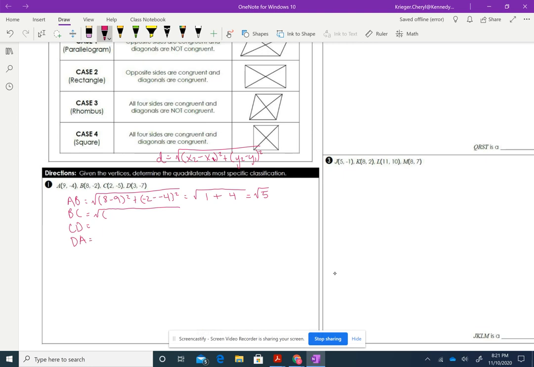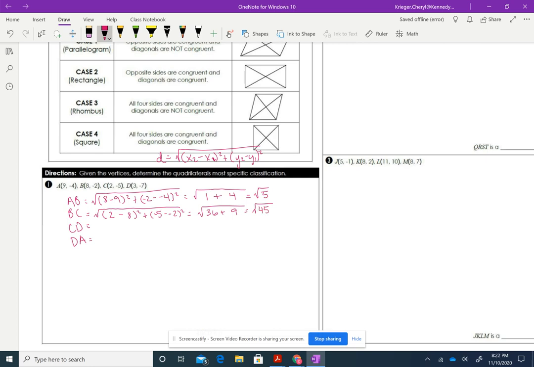So same thing, I have the difference of my x values, 2 minus 8 squared, plus the difference of my y values, negative 5 minus negative 2 squared. 2 minus 8 is negative 6 squared, which is 36. Negative 5 plus 2, negative 3 squared is 9. So this looks like the square root of 45.